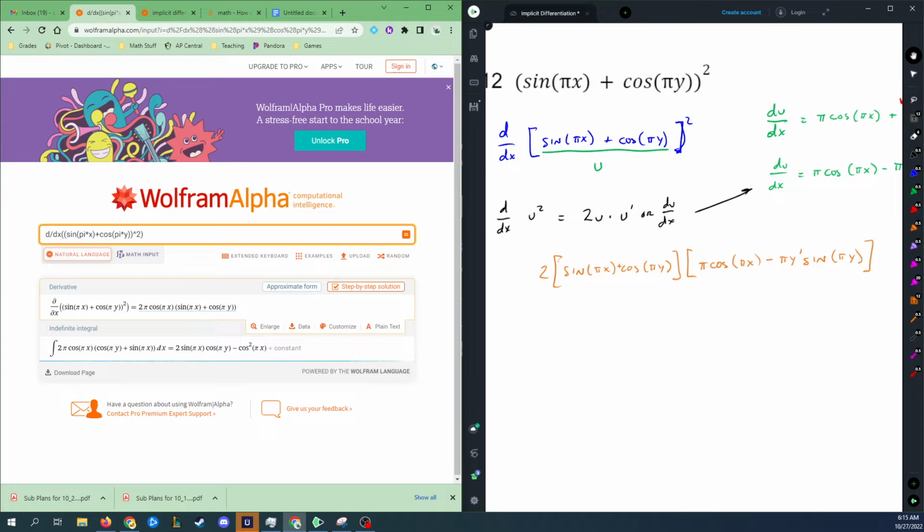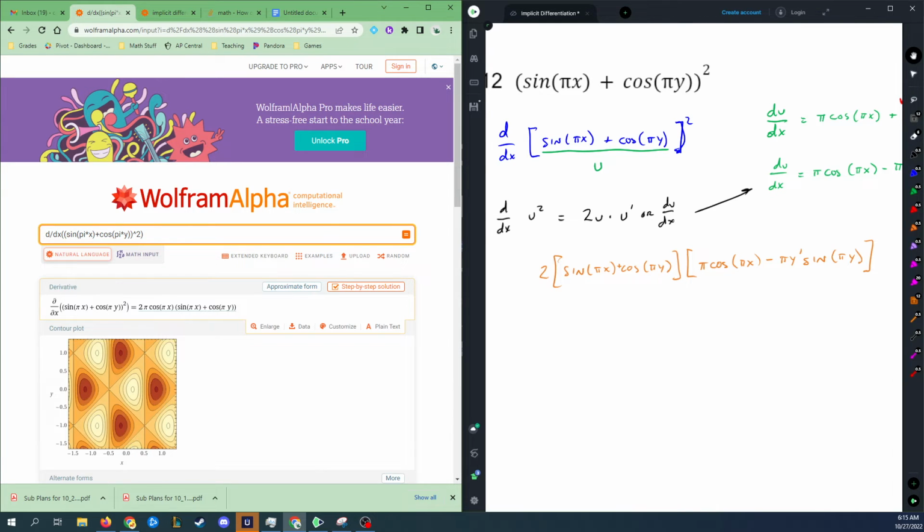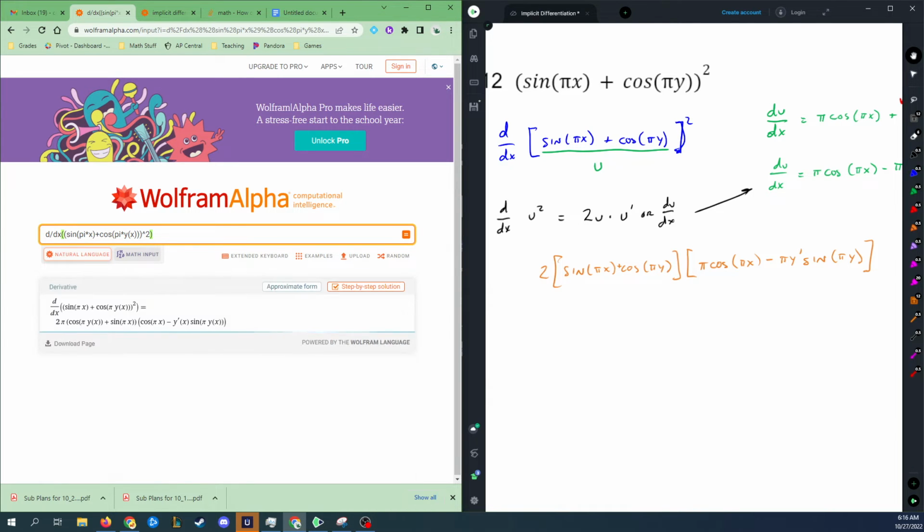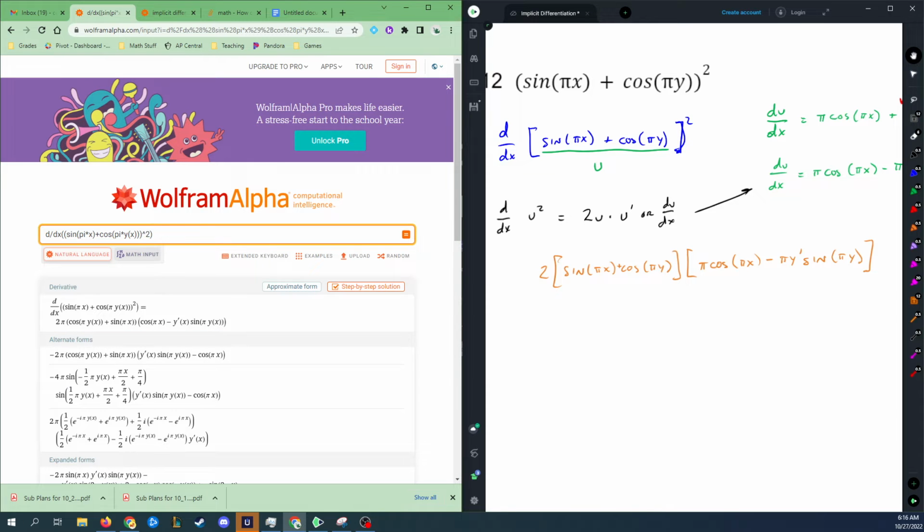It's assuming that you have a function z equals something of x and y, and you get a three-dimensional object. That's not what you're going for. You have to put the parentheses x at the end of the y to force Wolfram Alpha to look at it as a single variable equation.